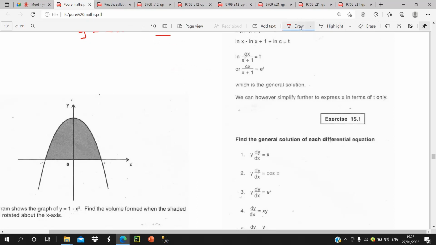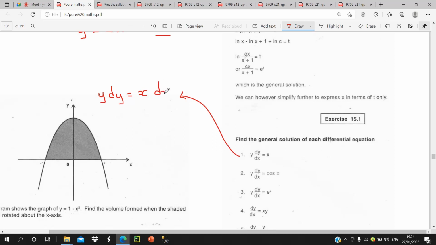This is our equation, right? Then if you cross multiply, you are going to get dy = x dx, right?